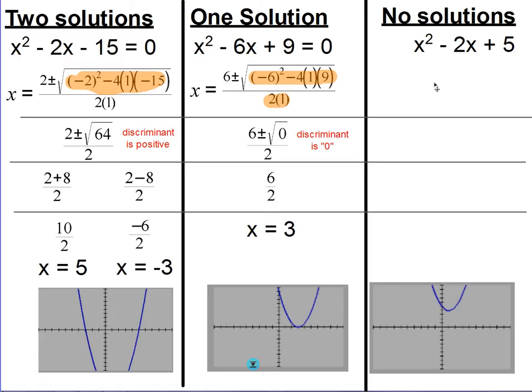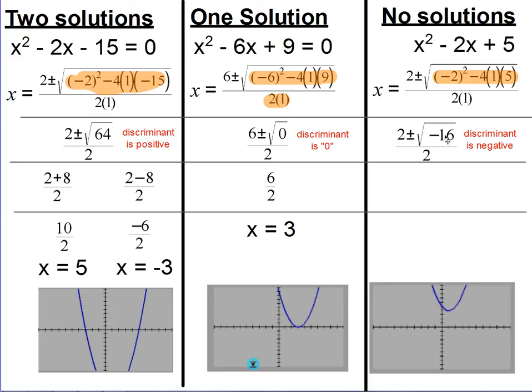All right, let's talk about no solutions. Sub in your a, your b, and your c. When I simplify my discriminant, I get a negative, so therefore there are no real solutions. It's super tempting with a number like 16 to want to give that a square root of 4 or negative 4 somehow, but it doesn't.